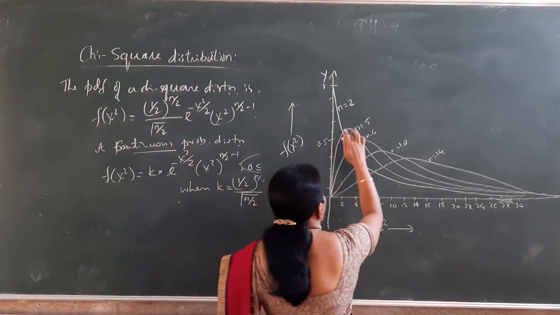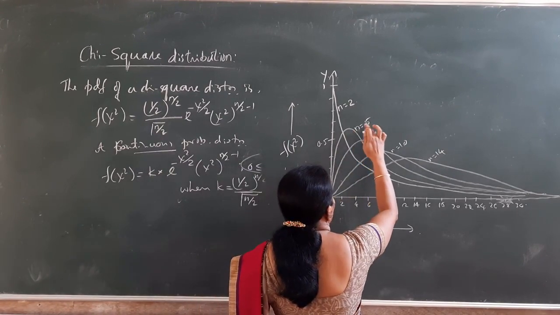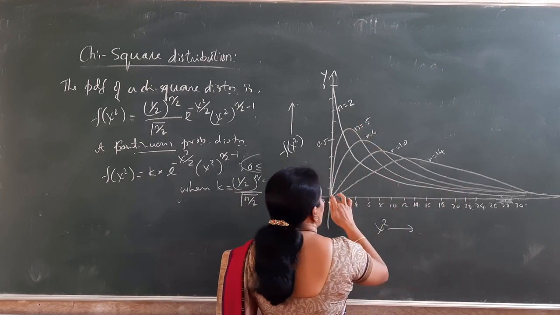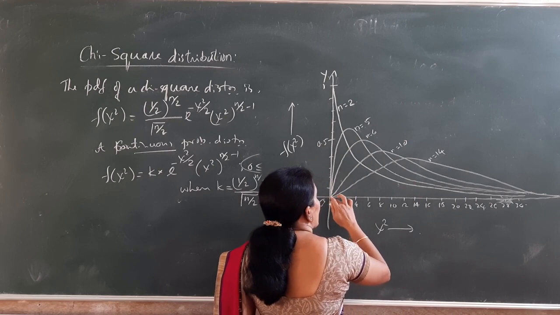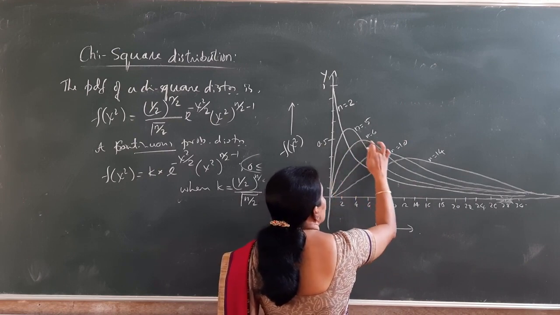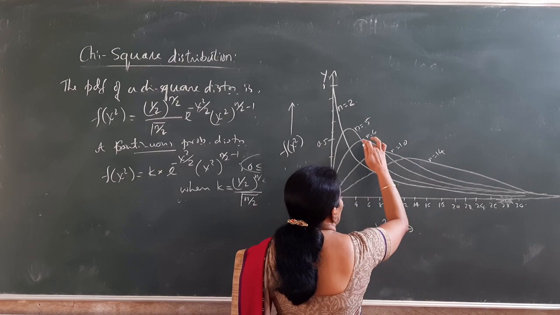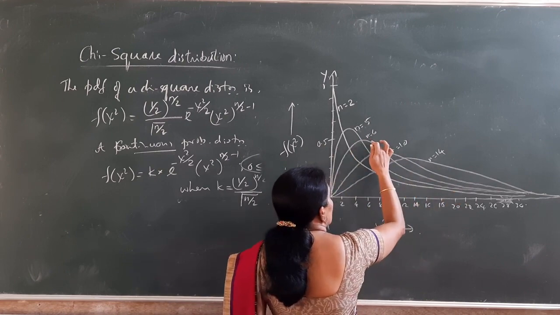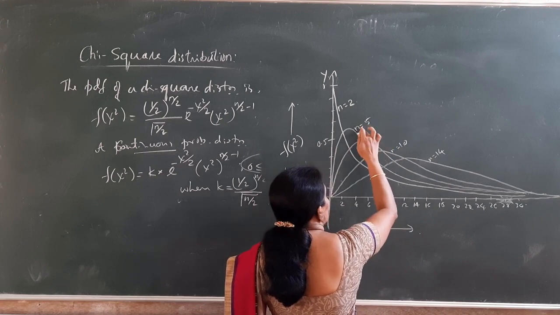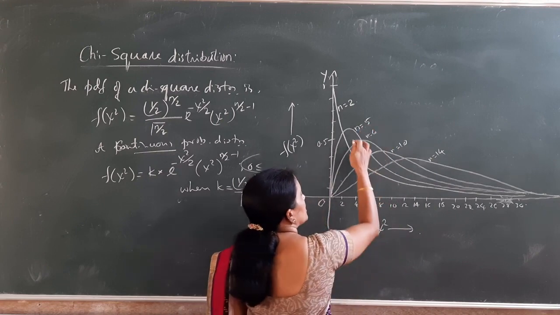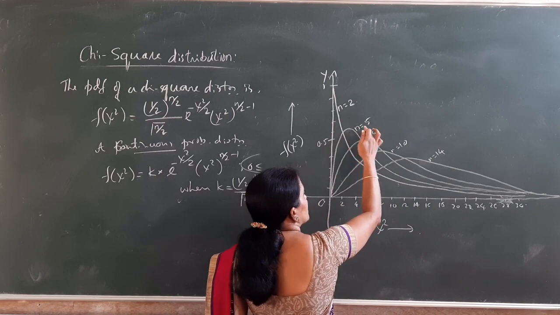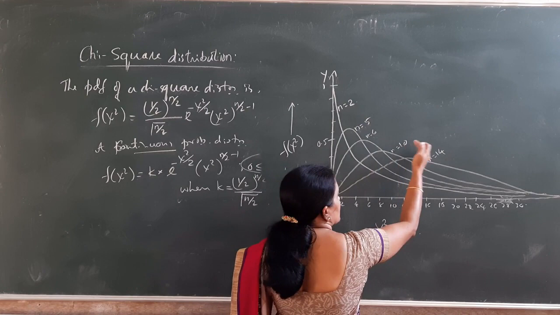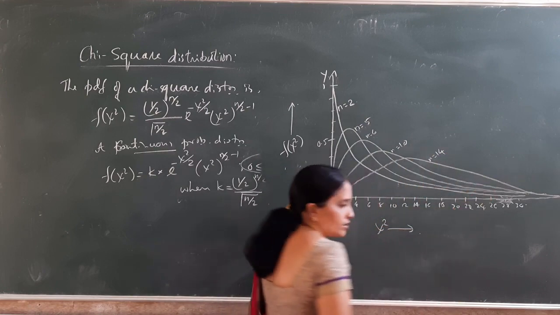In the first curve, corresponding to n equal to 5, the difference between the right tail and the left tail is higher when compared to the curve with n equal to 6. Look at the difference between the right tail and left tail of the curves with n equal to 6 and n equal to 5. Where is the difference more? The difference is more when n is equal to 5. Similarly, you can compare n equal to 5, 6, 10, 14 and so on.